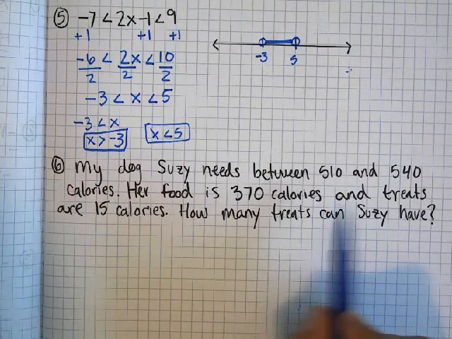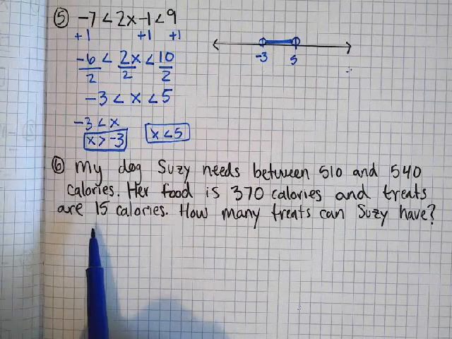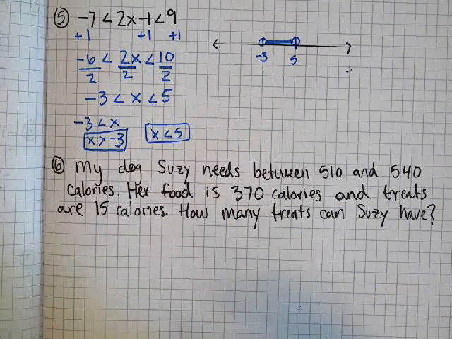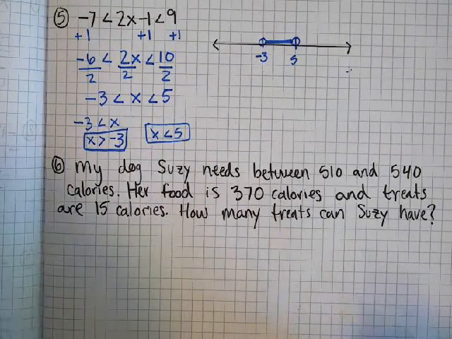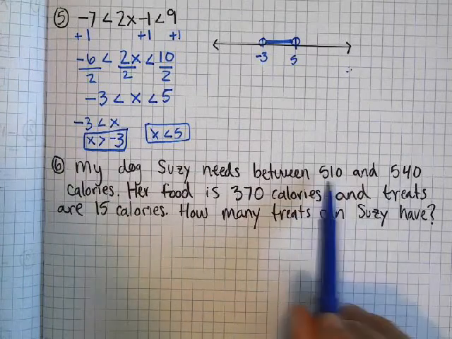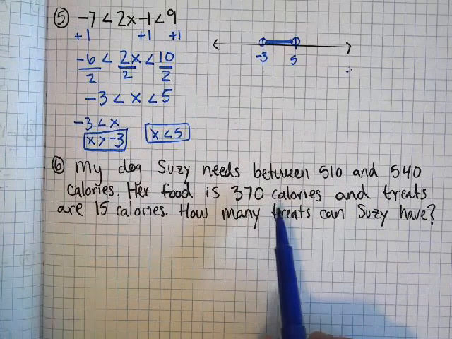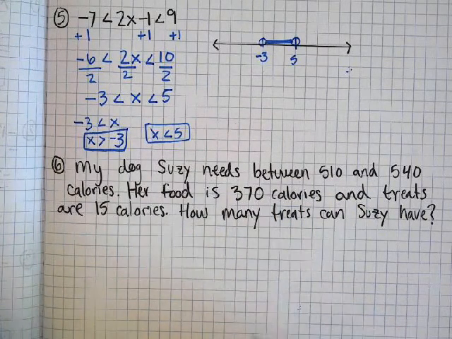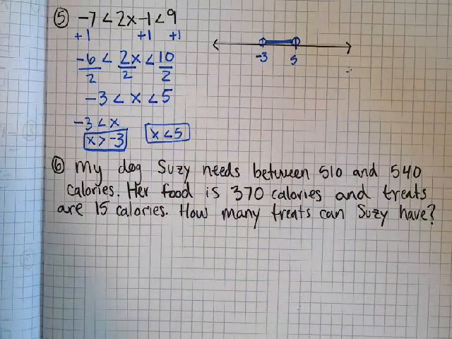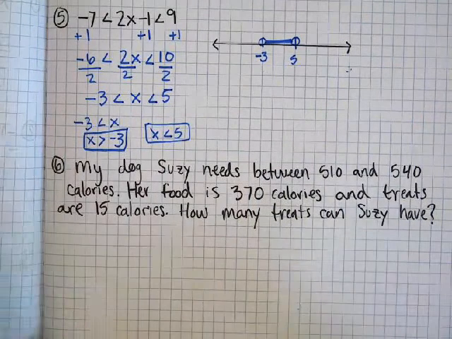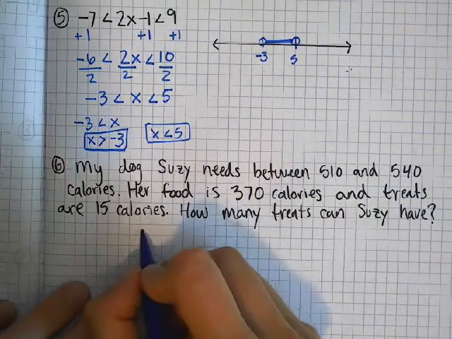Her food that she gets in her little dog bowl is 370 calories, and she's a pretty good dog, so we'll give her treats, but they're only 15 calories. So we want to know how many treats we can give her and still be within her calorie intake. Because if she eats too little, she'll be hungry and sad, and if she eats too much, she'll be really, really fat. And we want her to be active.